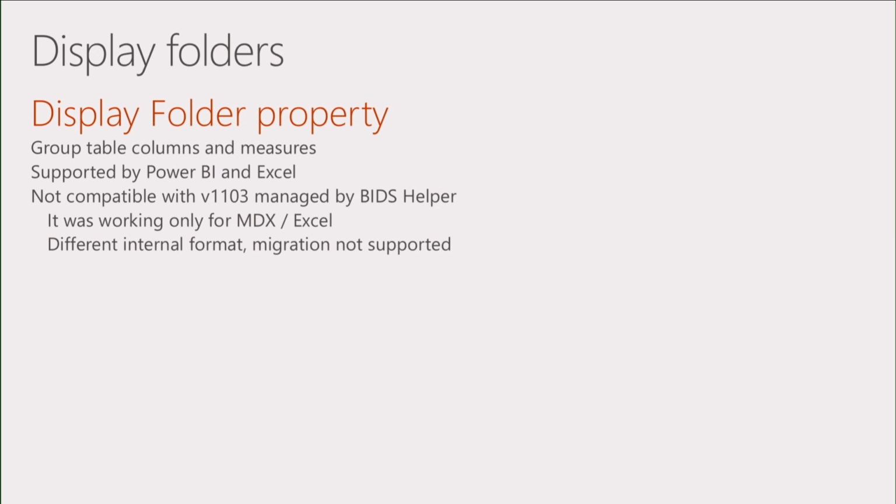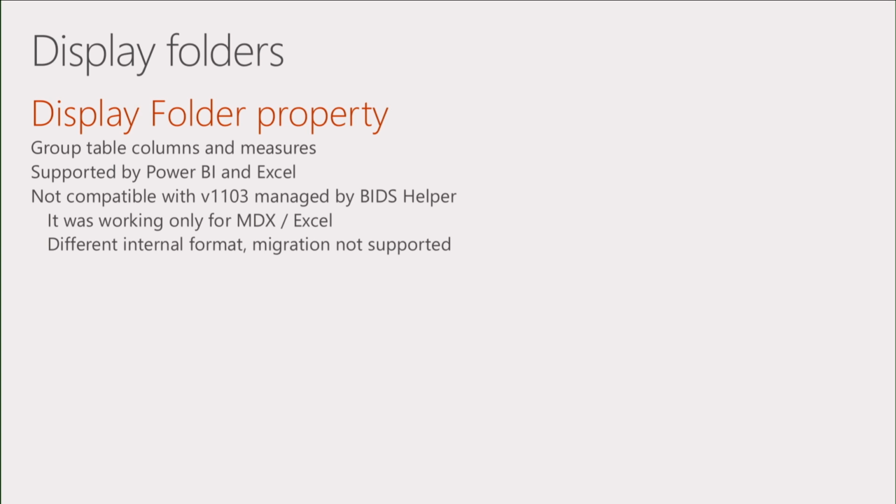Another feature that has been introduced in the data model, and so also in the new development tool, is that of the display folders. This was a feature that was already available if you used the BIDS Helper in Analysis Services 2012-2014, but that feature in BIDS Helper used a particular feature that was designed for multidimensional.